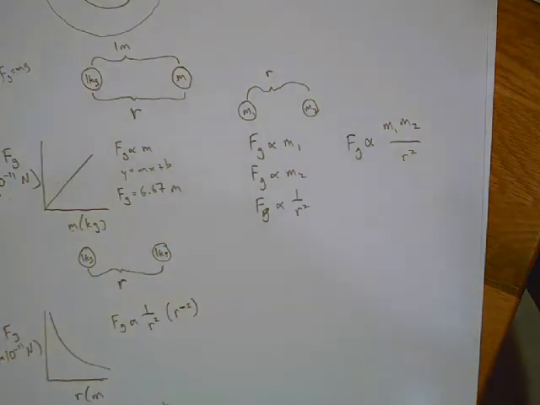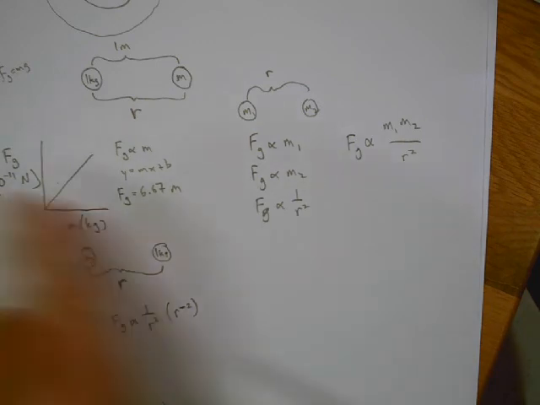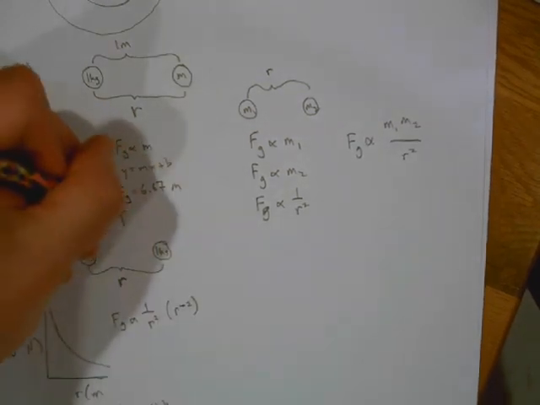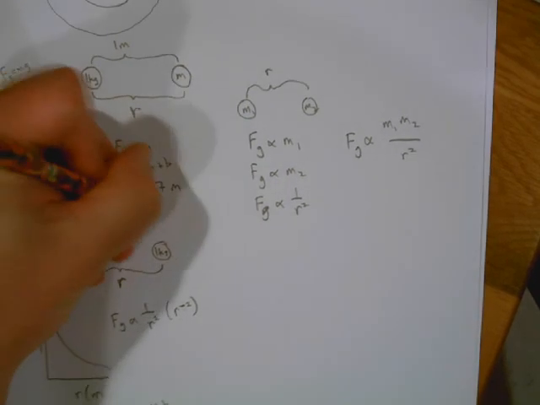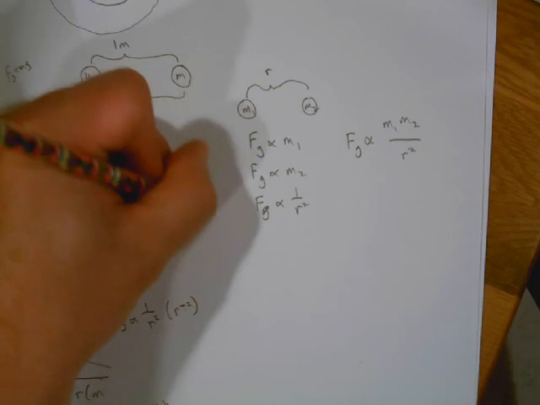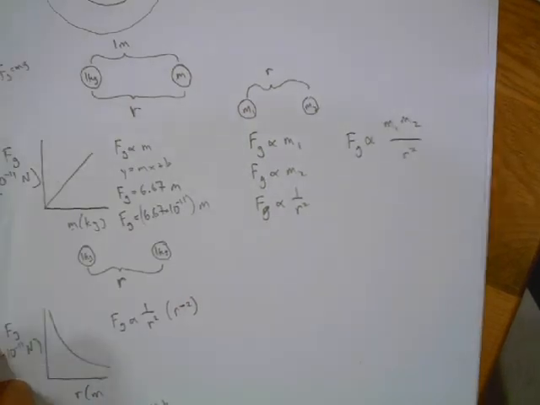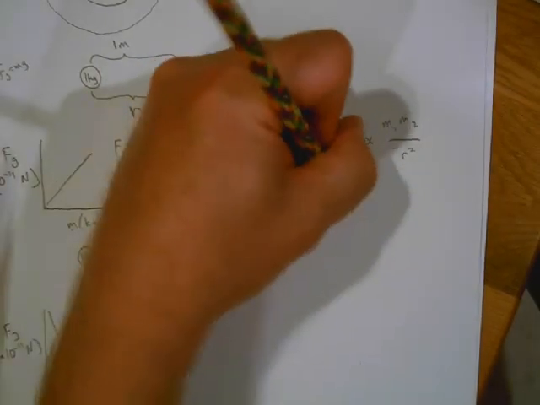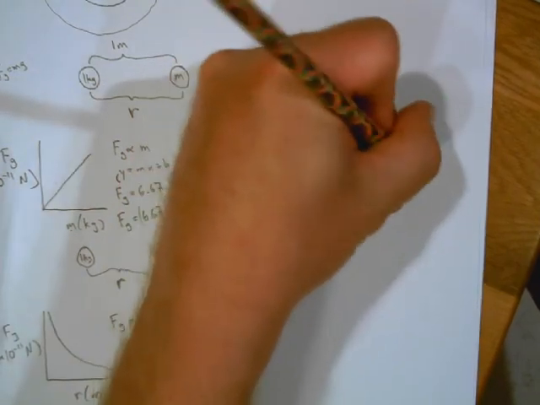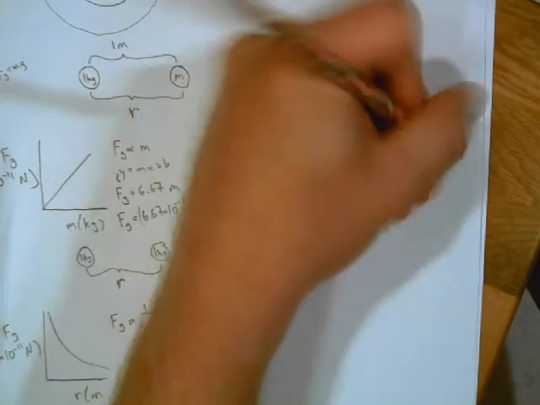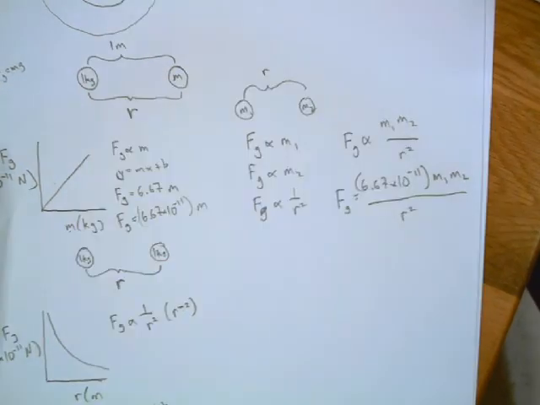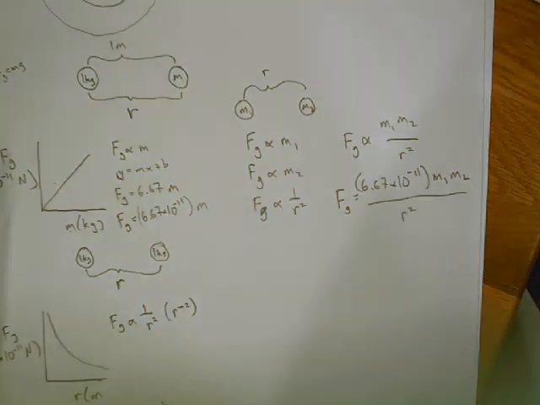But we had that 6.67 number, and if I was actually having Fg in newtons, I would have to write this equation. It would look like this: 6.67 times 10 to the minus 11th, because that was that constant, times m1 m2 over r squared.